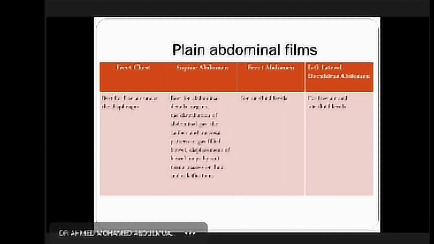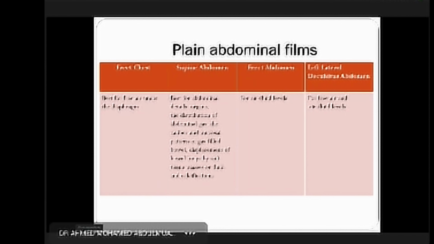As well, we can see any calcifications easily in supine abdominal. So supine abdominal is the most commonly requested for abdominal pathology, and you will come across it all the time whenever you have any gross abdominal pathology.